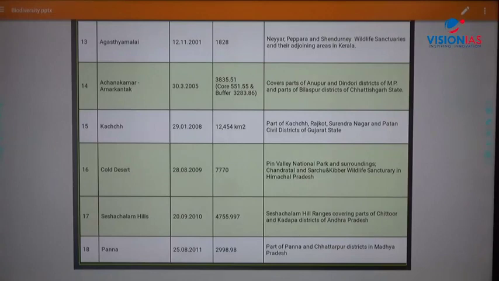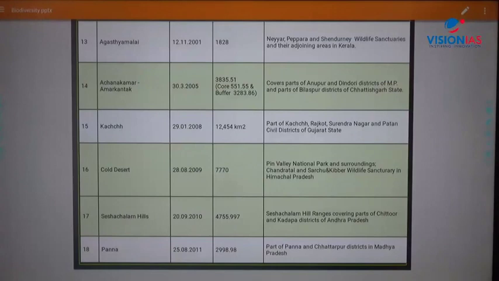Panna Biosphere Reserve. This is the latest biosphere reserve announced by UNESCO as a World Biosphere Reserve, in the year 2020. So with the inclusion of Panna Biosphere Reserve, the list of biosphere reserves identified by UNESCO in India reached 12.